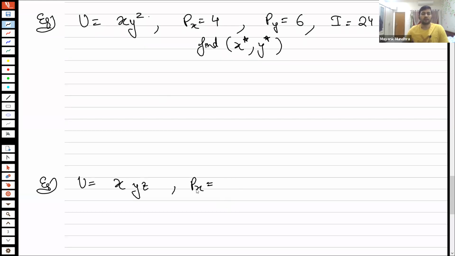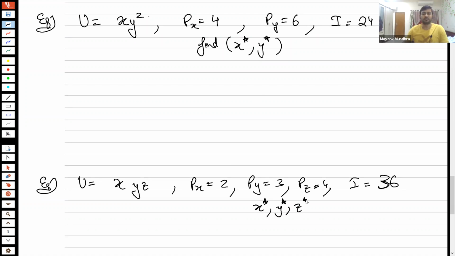Here, what I have is Px equals 2, Py equals 3, Pz equals 4, income equals 36. Find x star, comma, y star, comma, z star.